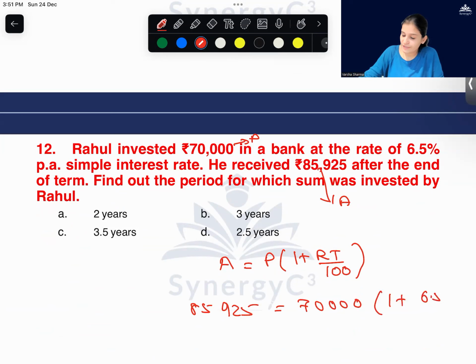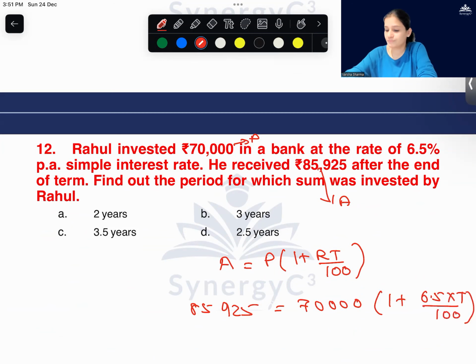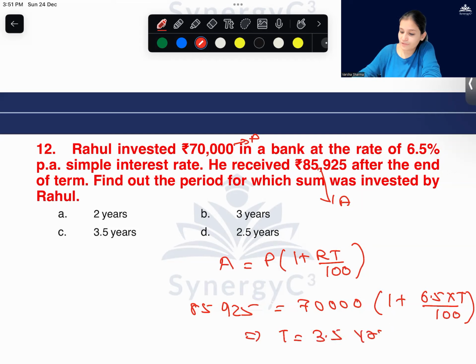The rate is 6.5. Time is missing. What's the time? 3.5 years.